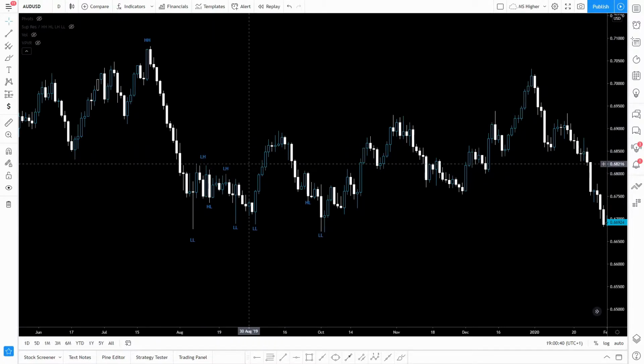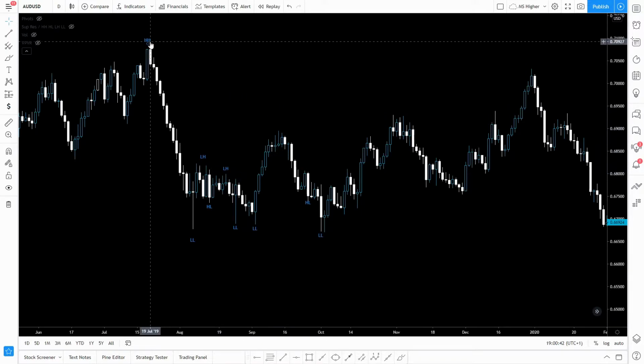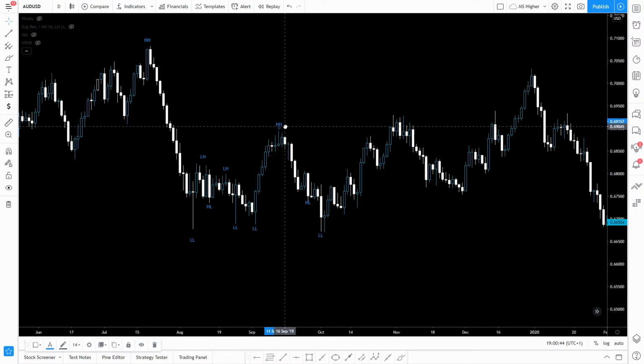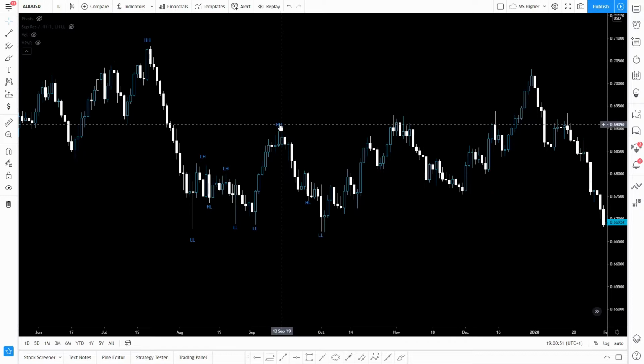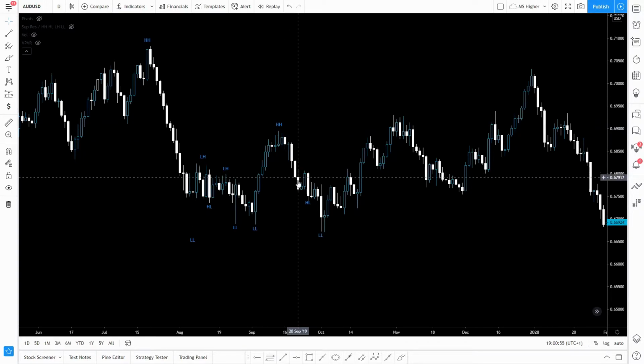And then we have the break of these lower highs, making a higher high. You understand this? Because price has broke this right here, it's made a higher high. Come back down, it couldn't break this lower low.